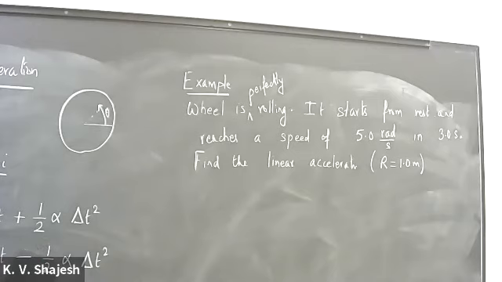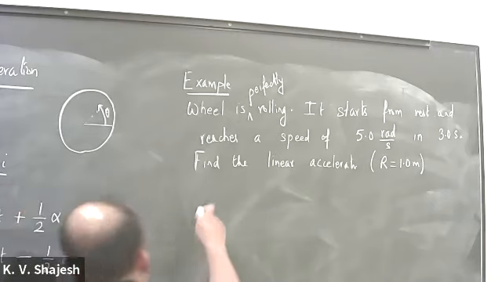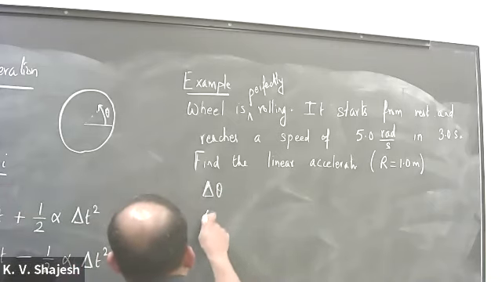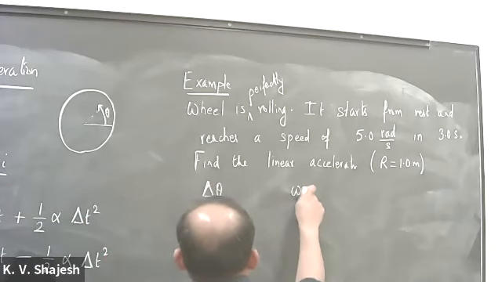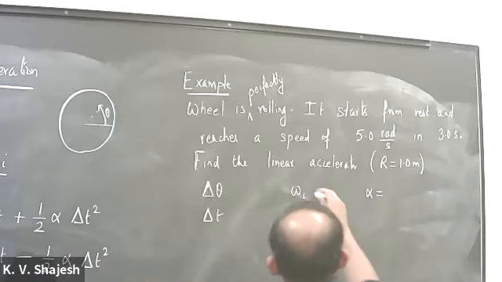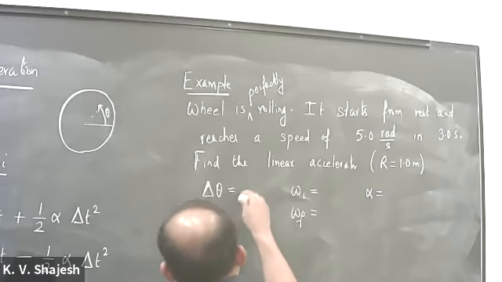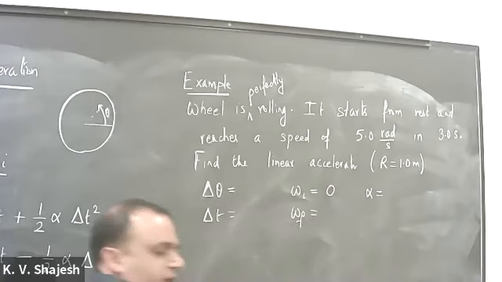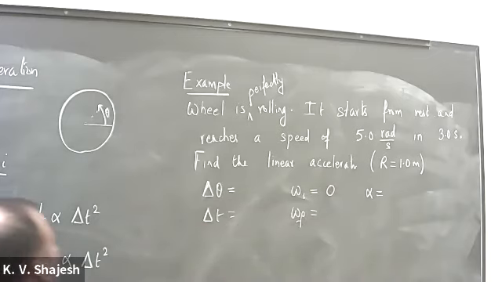So what are the quantities given? Delta theta, delta t, omega initial, omega final, and alpha, right? That's your 5 variables you can think of. And omega initial, it starts from rest, so omega initial is equal to 0.